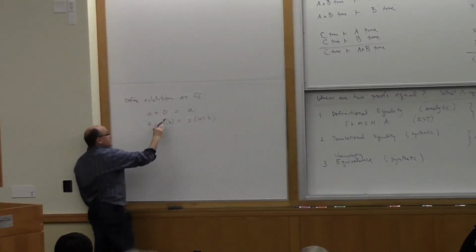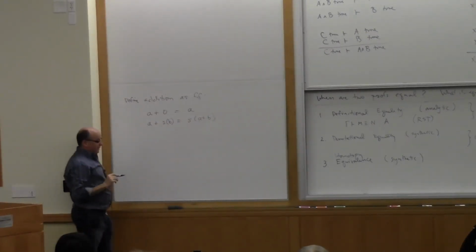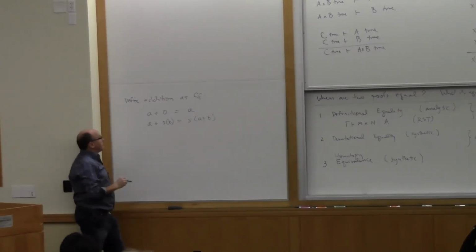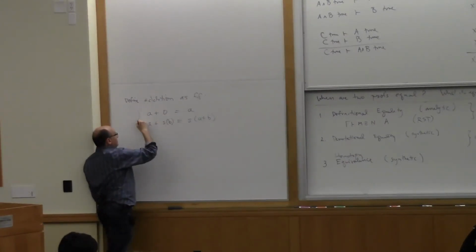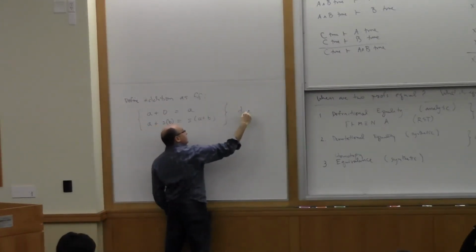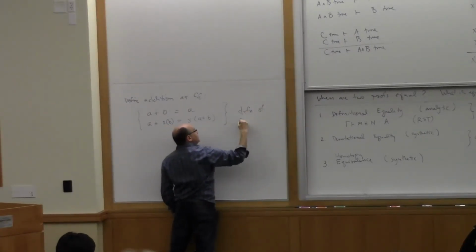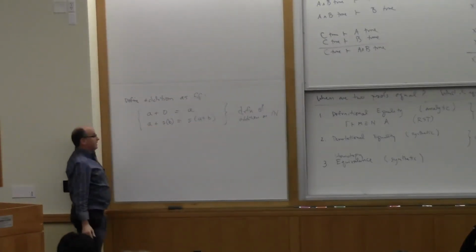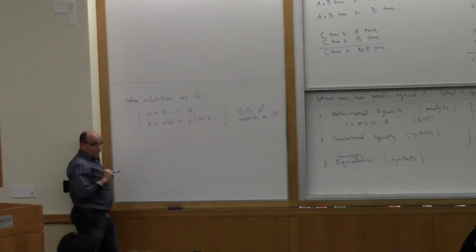So these are 0 and successor for generating the natural numbers. This is a very simple way of doing it. Let's just say we define addition in this manner. This is our definition, how we define it. This is the definition of addition on the natural numbers, which are generated by 0 and successor.